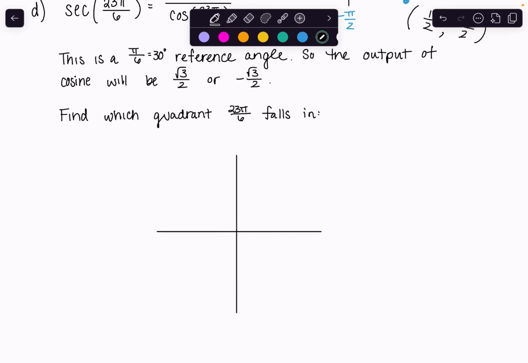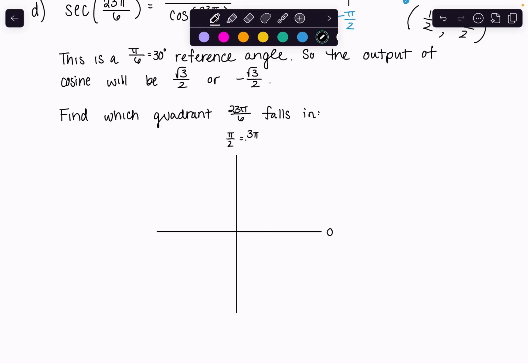Okay. So I need everything in terms of radians. So I'm gonna start out with 0 radians. Then up here, this would be pi over 2. Now, the problem is I have to see what 23 pi over 6 is in between. So instead of using pi over 2, I'm gonna put it in terms of a 6 denominator. So you would times top and bottom by 3.